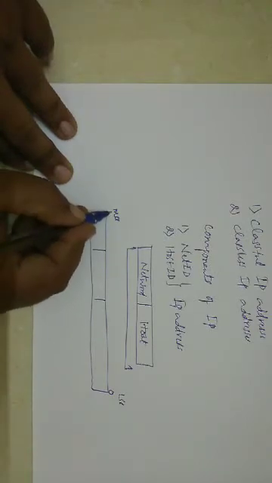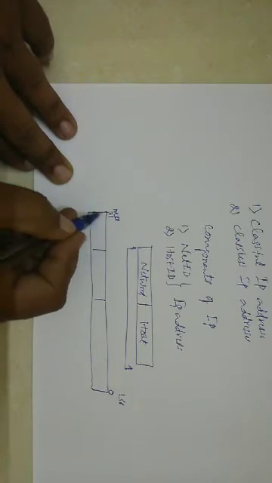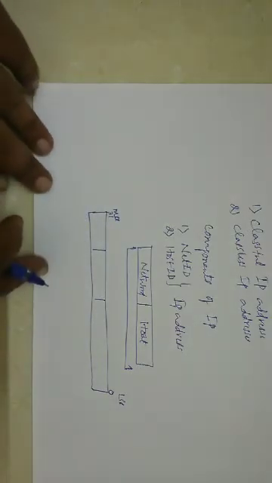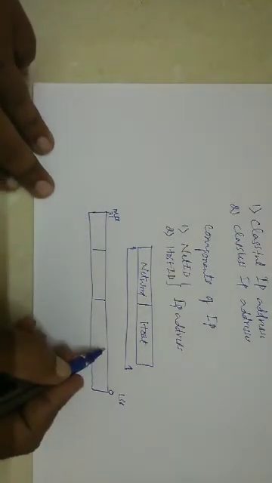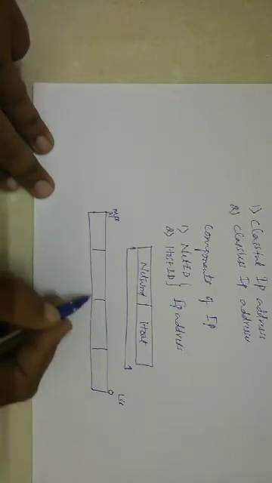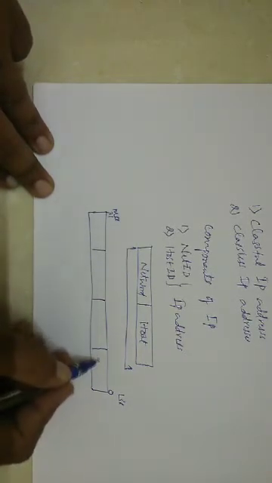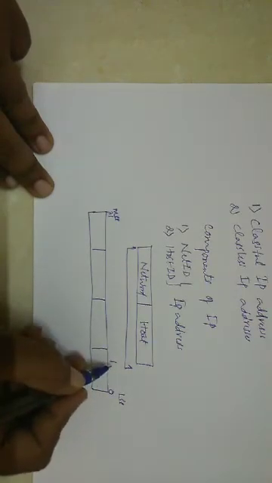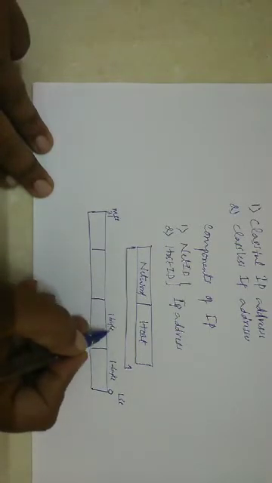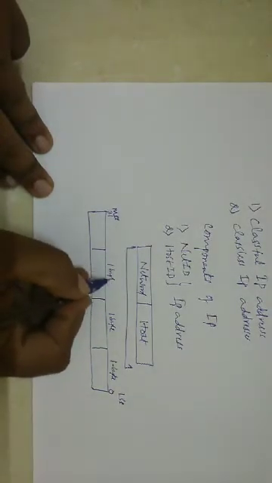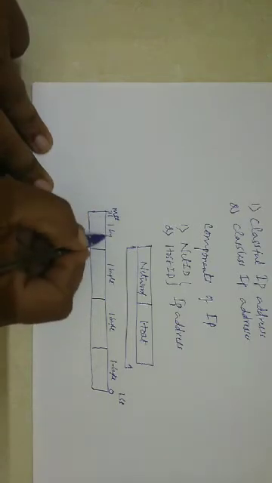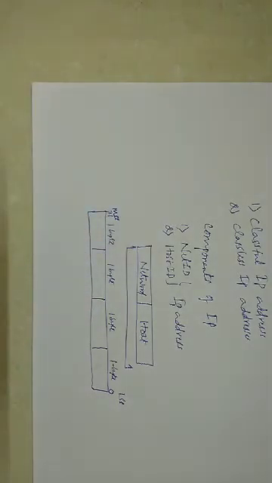The least significant bit begins with 0 and the most significant bit ends with 31 because the total size is 32. These 32 bits are divided into 4 parts. The first is 8 bits, which is nothing but 1 byte, and this is 1 byte, and this is 1 byte, and this is 1 byte. Total 4 bytes in your IP address.